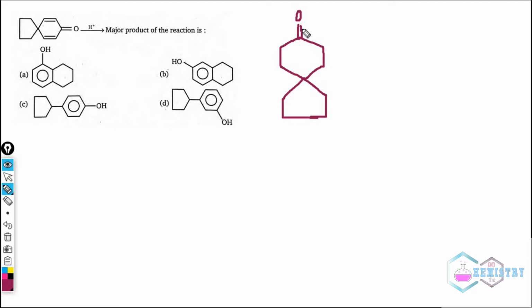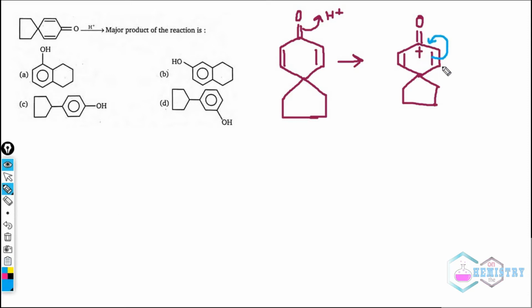Due to the H plus, this bond will go on and catch an H plus, forming a positive charge on that carbon, and it will look somewhat like that. Now this bond will move on here and the positive charge will form here.